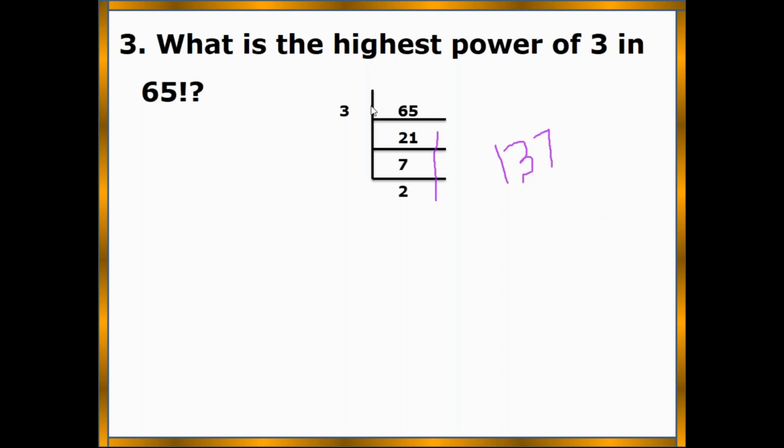So 21 plus 7, 28, 28 plus 2, 30. Good, Sairam.